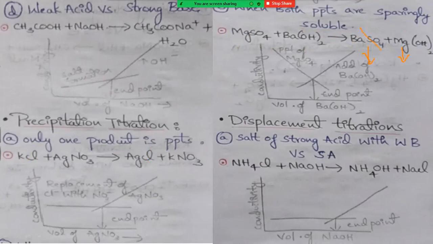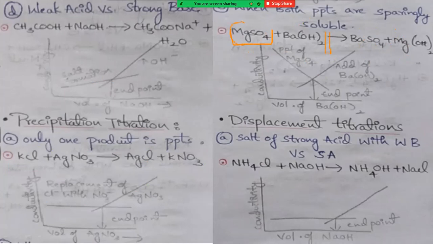That means these two compounds are not releasing any ions, so these two precipitates are not participating in the conductivity values, right? Only the two reactants will be participating. Initially we take magnesium sulfate in the conical flask and barium hydroxide in the burette.